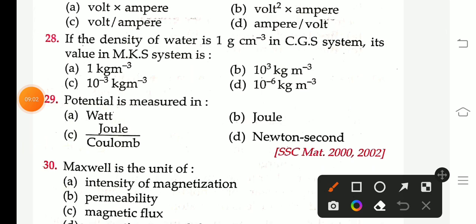If the density of water is 1 gram per cubic centimeter in CGS system, its value in MKS system is 10 kg per cubic meter. Potential is measured in joule per coulomb.